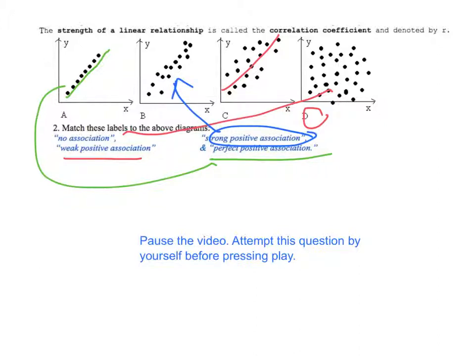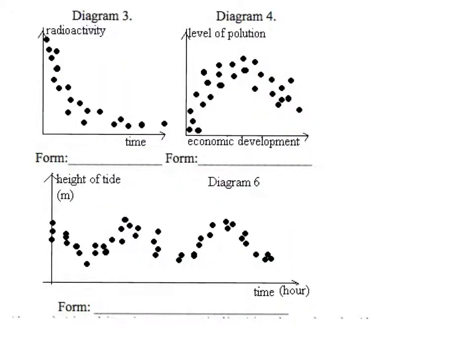So when the data are distributed closer to being aligned, then we say the association is stronger. Having said so, not all association between two sets of data, like radioactivity and time, are linear.